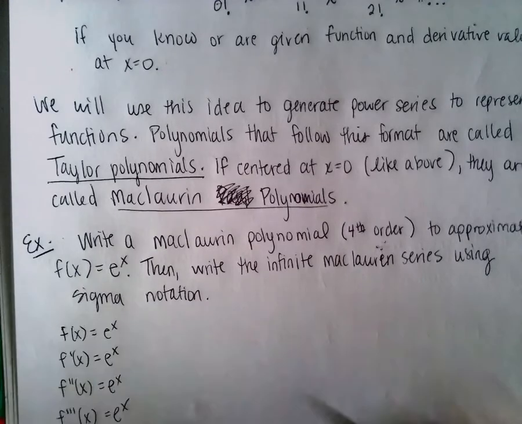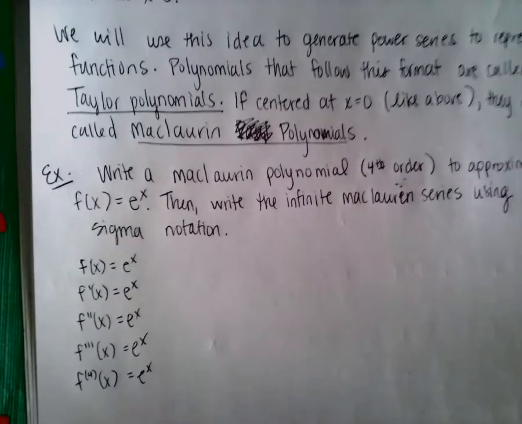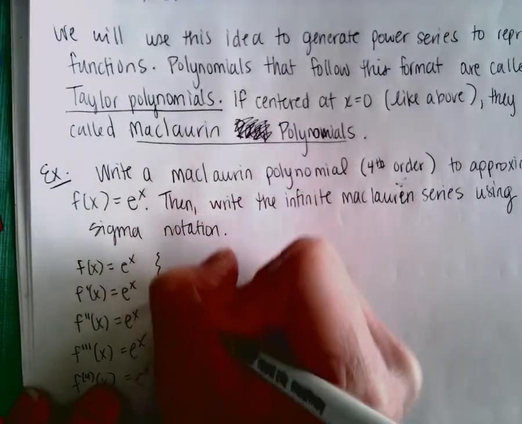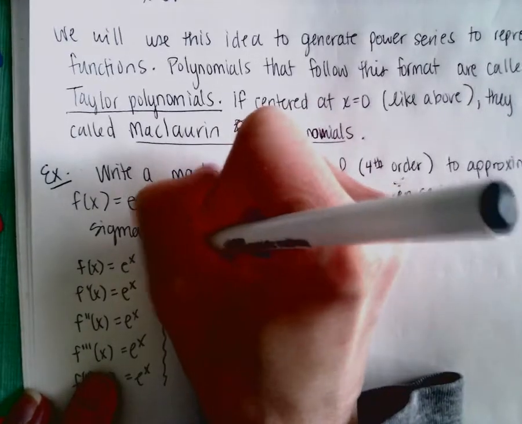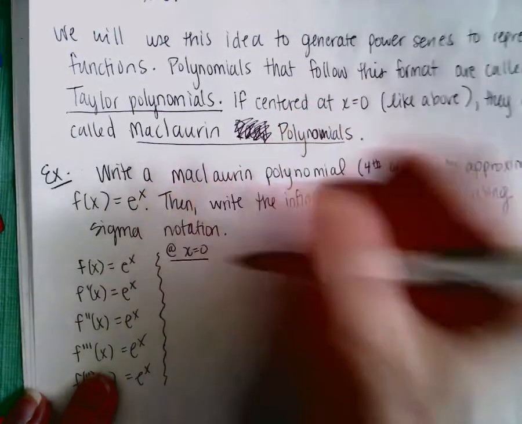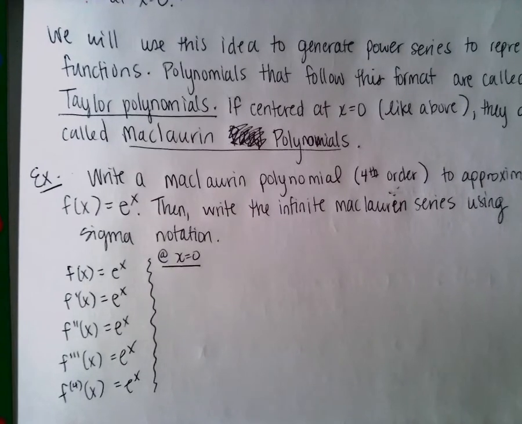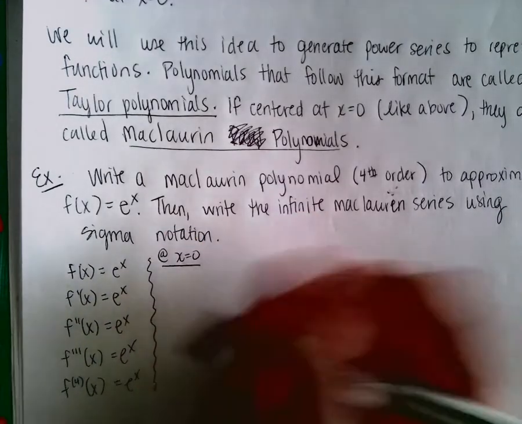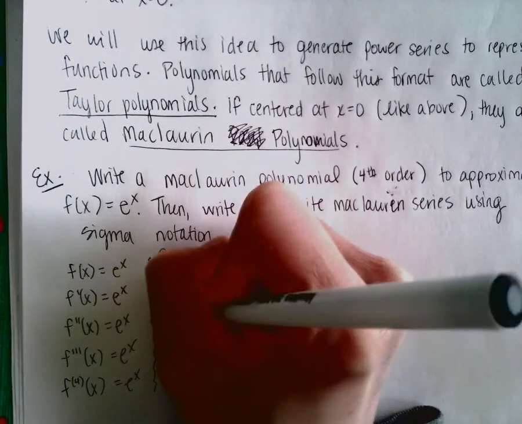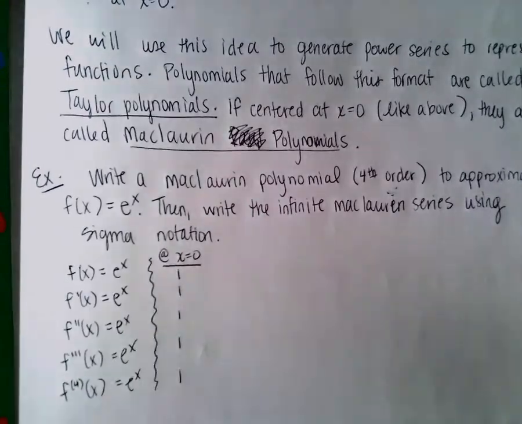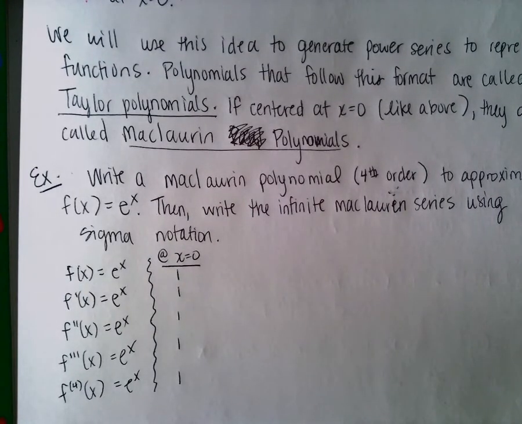So with e to the x, super easy. It's always e to the x. And now what we're going to do is plug in x equals 0 because these are Maclaurin polynomials centered at 0. So all of these, when we plug in 0, e to the 0 power is 1. Okay, so we get 1 for all of these.